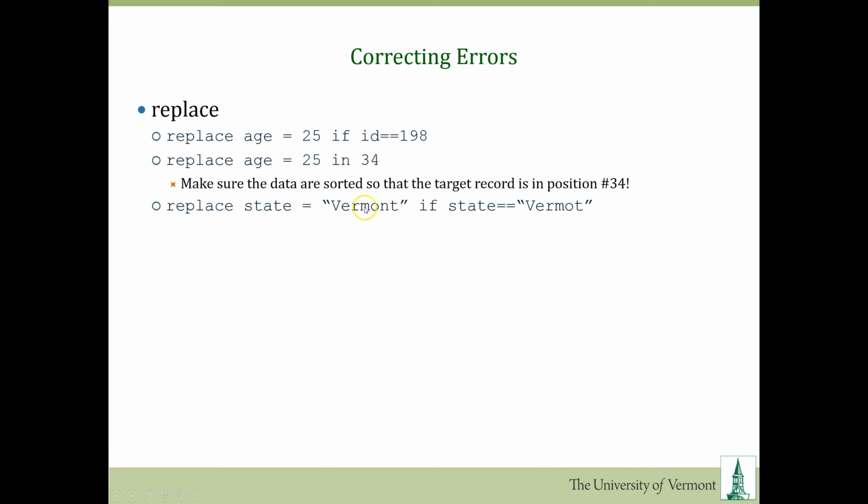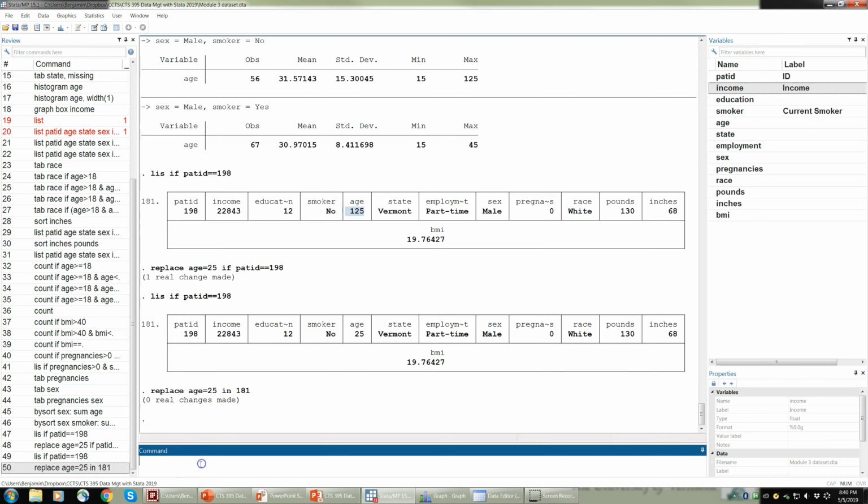Here's another thing that we can do. We can replace values with an if statement that identifies which actual values we want to replace. So here's the situation where we had a handful of records that weren't spelled correctly. The state had a typo in it. Let's try and fix that.